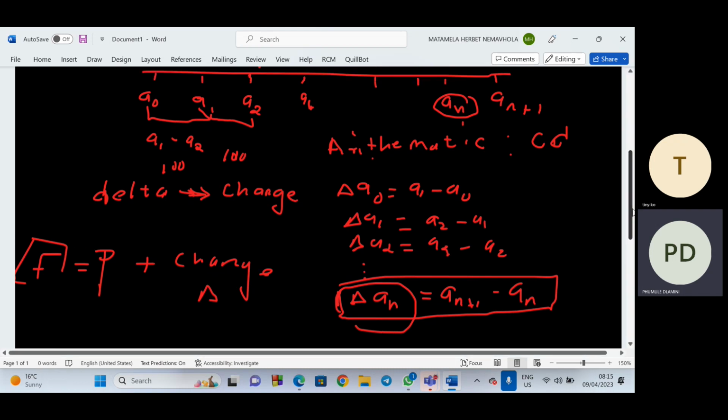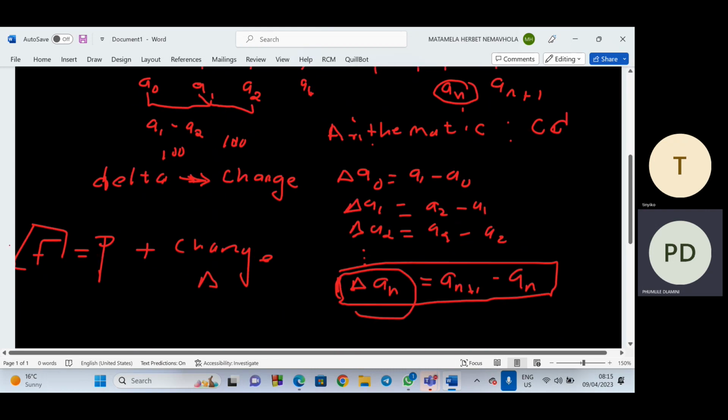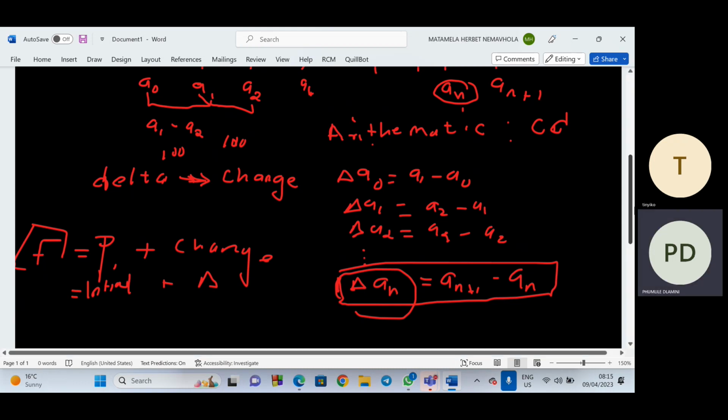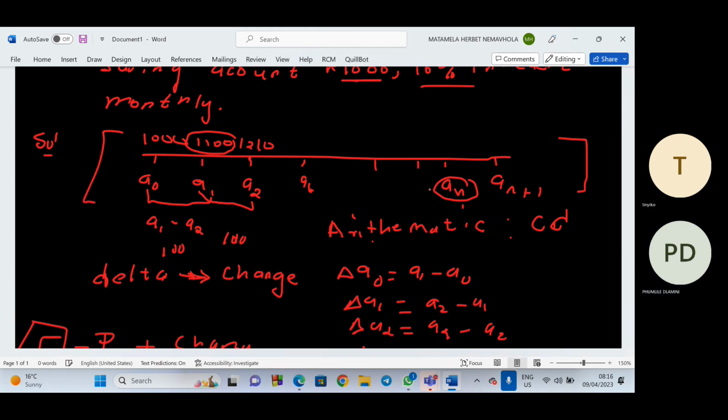Then when we put it in terms of not only this question, we can say our future value is going to be an initial amount. In financial maths, it's going to be the initial plus the change. So if we check the graph that I wrote, the linear line equation, you will see that here AN plus 1 is a future value.